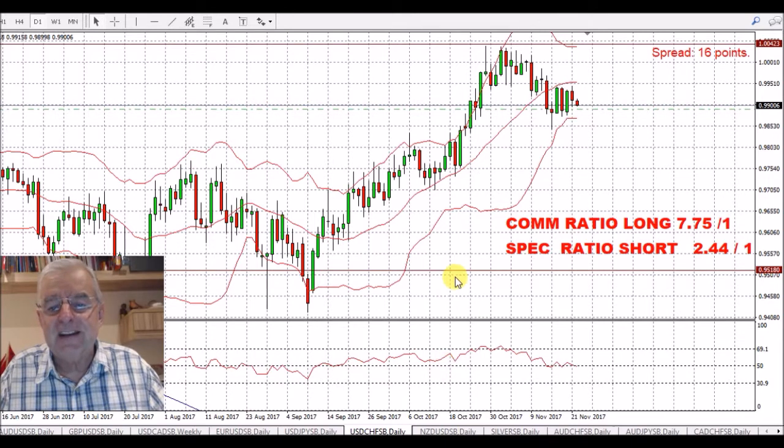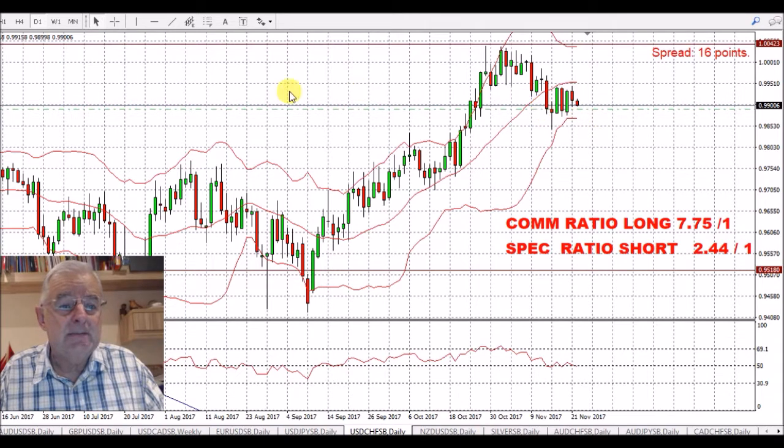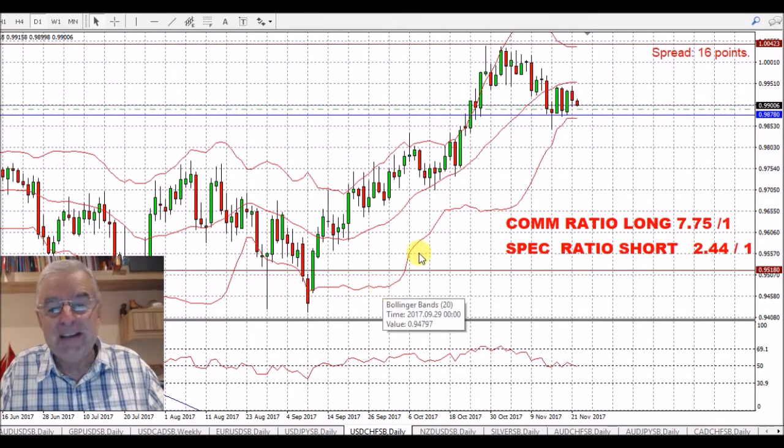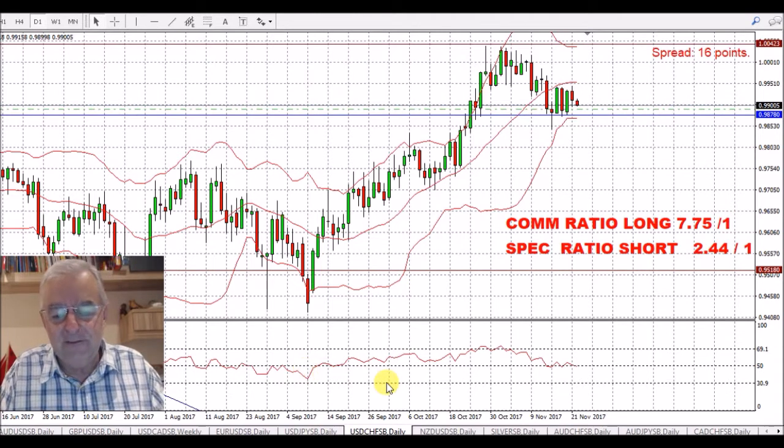USD Swiss franc. We've had a couple of red candles last 2 days. We have support about where it is, just under it. So, let's just put a line in, shall we? Make it official. So I'm waiting for that to break. We are slightly below the 50 on the RSI and flat.